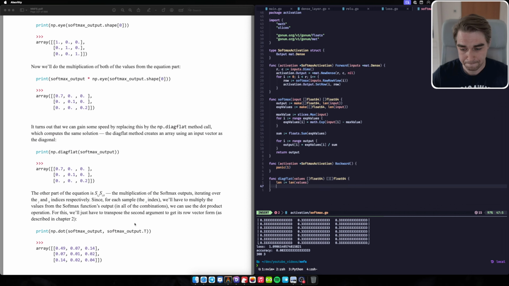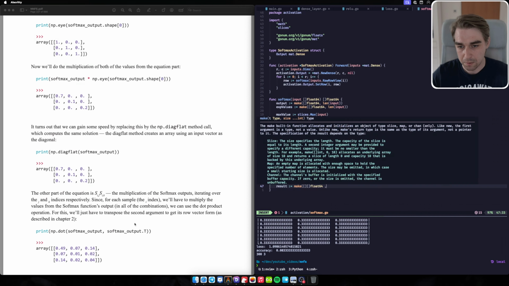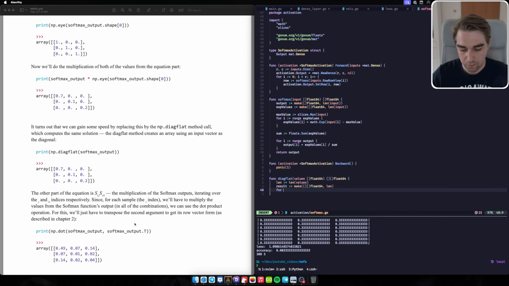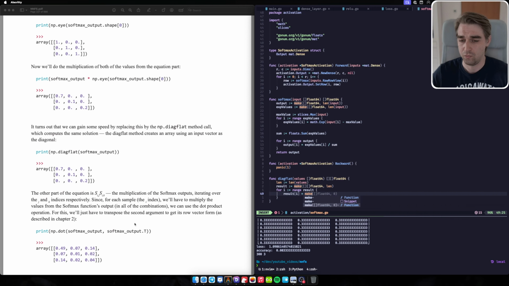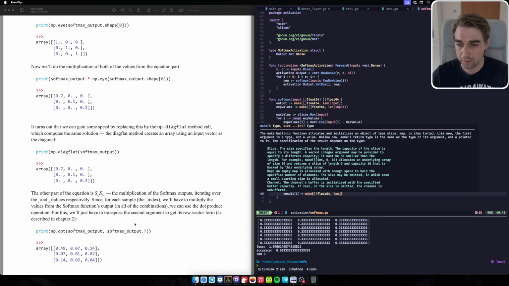Then I'm making results, which is float64, and make it with length, and for range results. What I'm doing is creating an array.